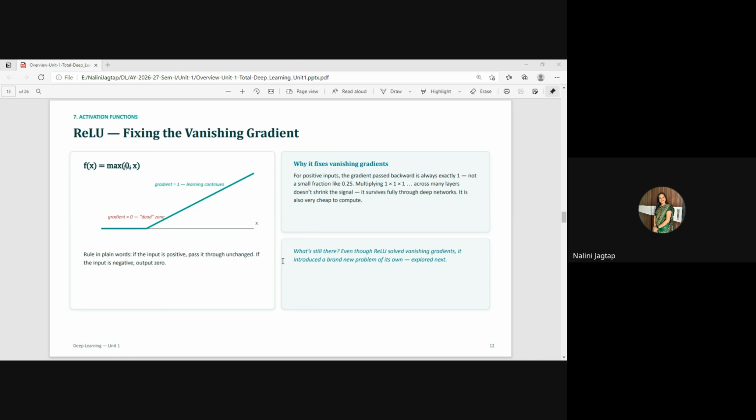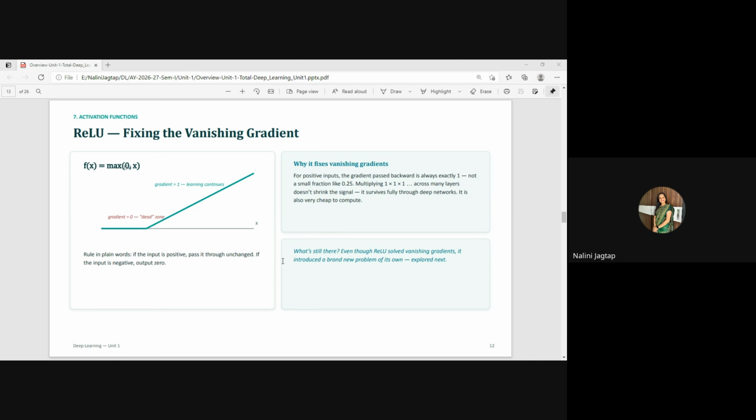Correct. This deceptively simple rule directly solves the vanishing gradient problem which was diagnosed. The reason is very precise. For every positive input, the derivative, the gradient, is always exactly one, never a small fraction like 0.25. So multiplying a long chain of ones together across many layers doesn't shrink anything at all.